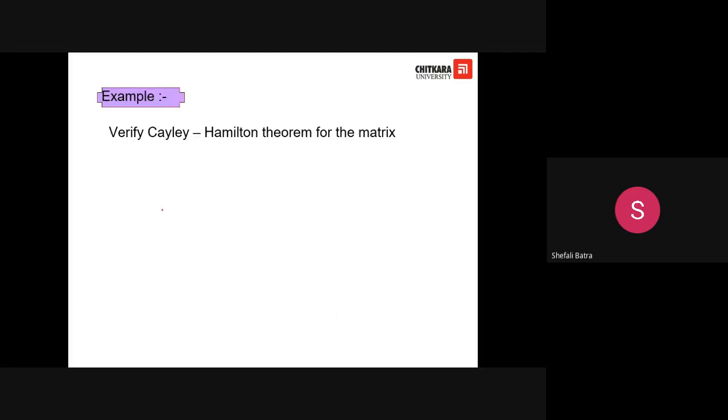Now, for example, verify Cayley-Hamilton theorem for the matrix A equal to [2, -1, 1; -1, 2, -1; 1, -1, 2], and hence evaluate A inverse. You can also find A inverse with the help of Cayley-Hamilton theorem.